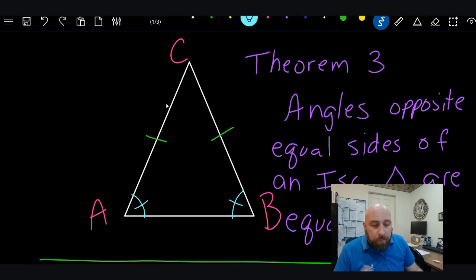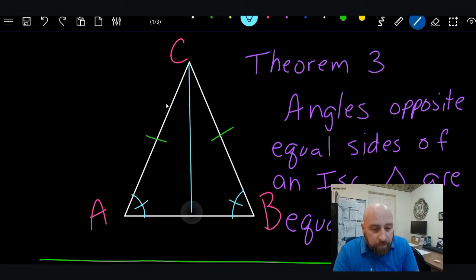So if we go back up to our isosceles triangle, I'm not going to actually do a construction here, I don't have the time, but I'm going to draw a line here, and that's called an auxiliary line. It's not perfect, and it's very hard for me to get it to be perfect, so I'll just leave it right there.